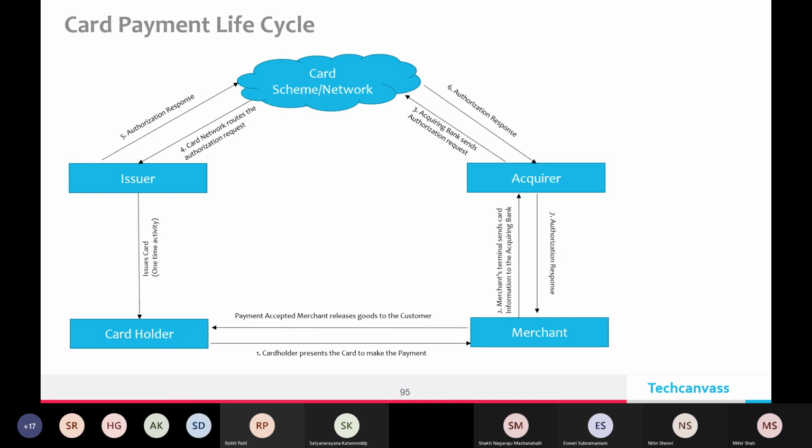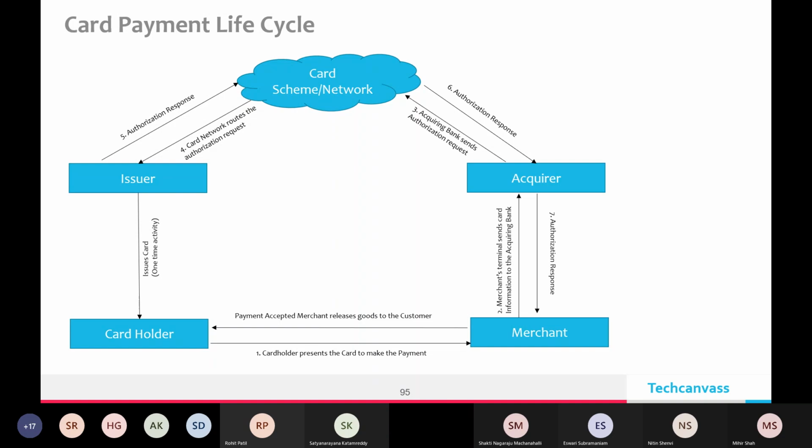Okay, so here the customer's account gets debited, or notionally debited, for the amount, but the settlement doesn't happen immediately. What happens is that at the end of the day, at 12 o'clock, it's a standard defined process.